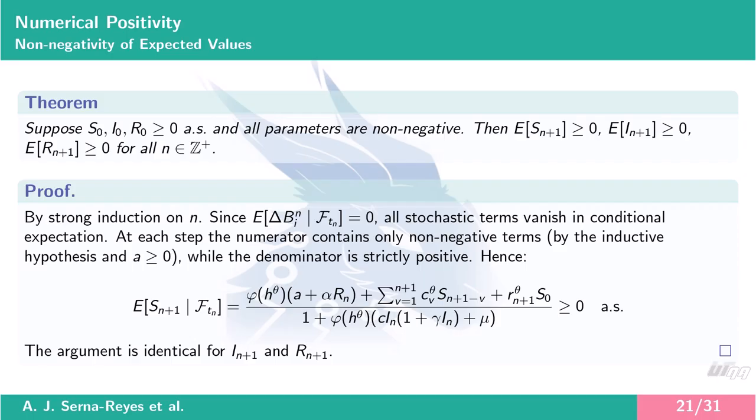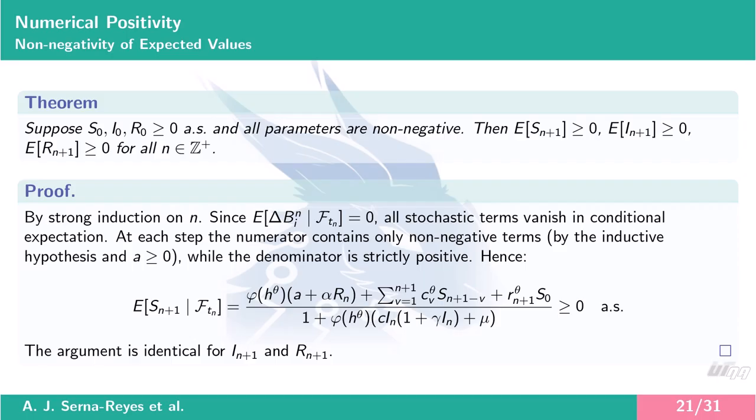An important feature of the numerical scheme is that it preserves the positivity of expected values. The theorem states that if the initial conditions and parameters are non-negative, then the expected values of all three compartments remain non-negative at every time step. The proof follows by strong induction. Since the stochastic increments have zero conditional expectation, all stochastic terms vanish when we take them.